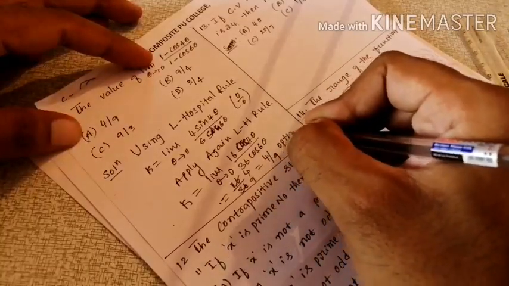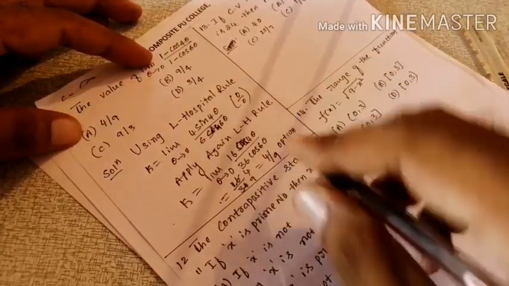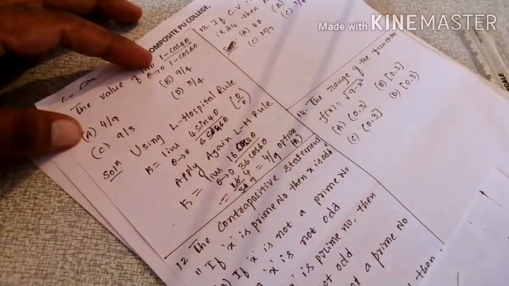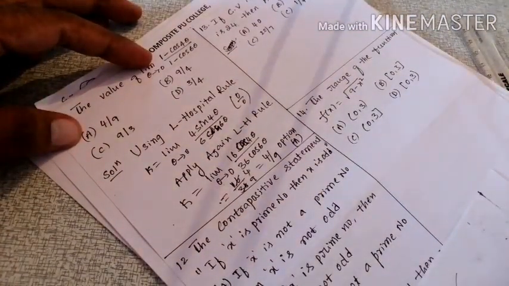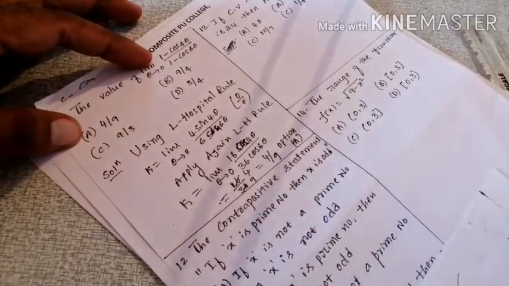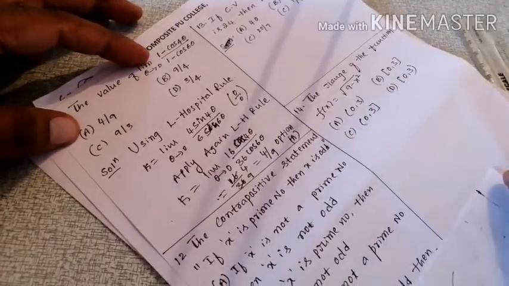Option A is the right option. And this is the technique. Really you can solve any type of limit problem. So once again rewind and see the method.